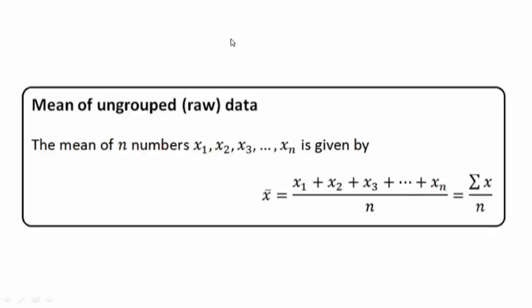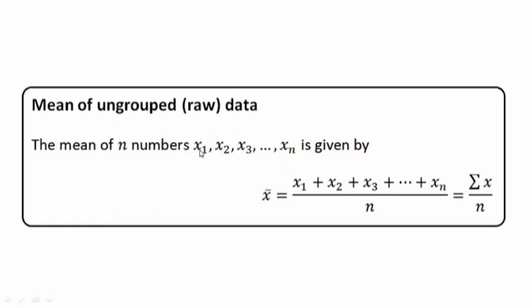Right, so talking about the mean. We have different kinds of data which were introduced to you in your class 9 also. We will first look at the mean of ungrouped or raw data. All of you must know this particular formula.